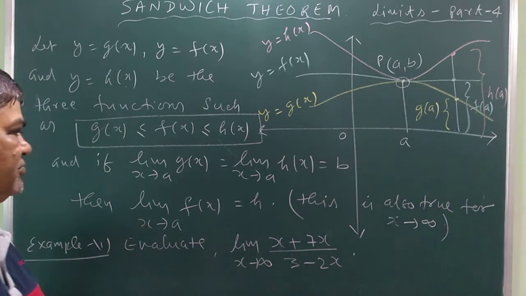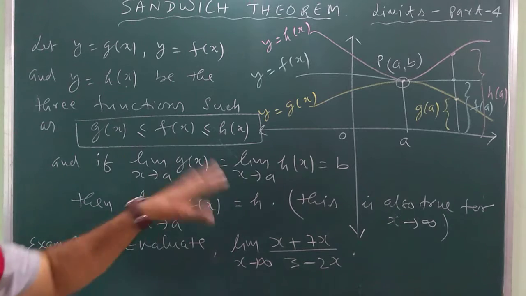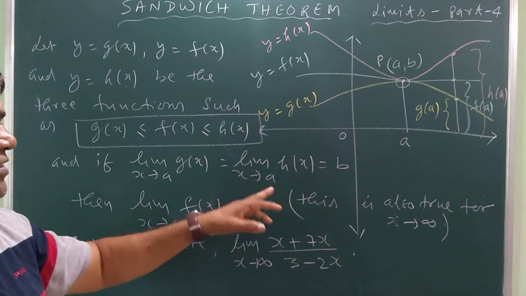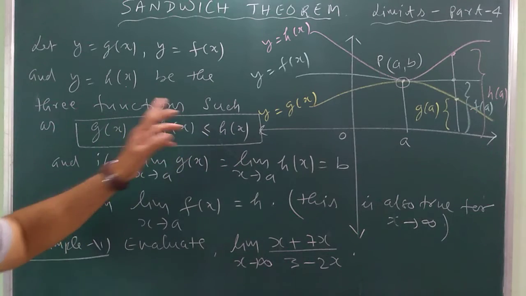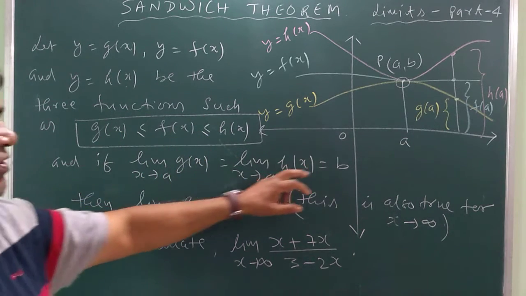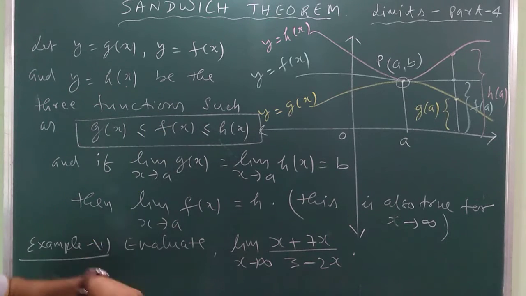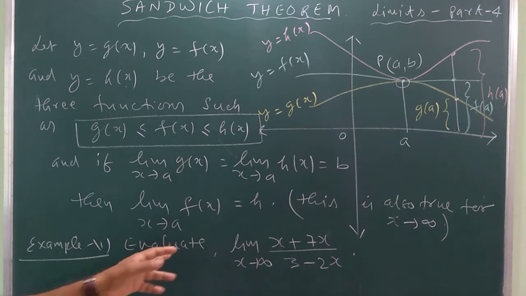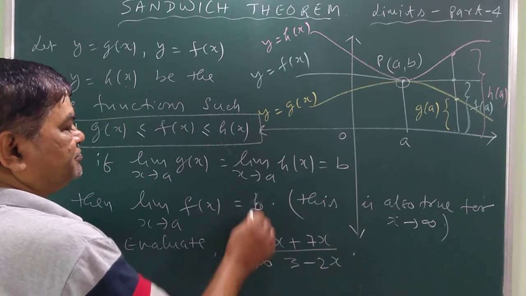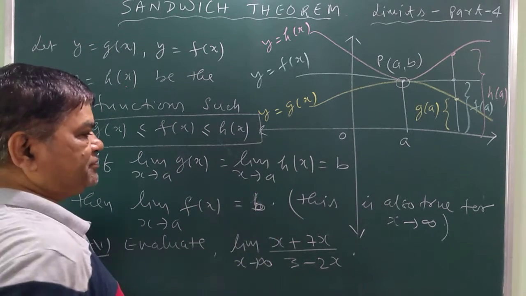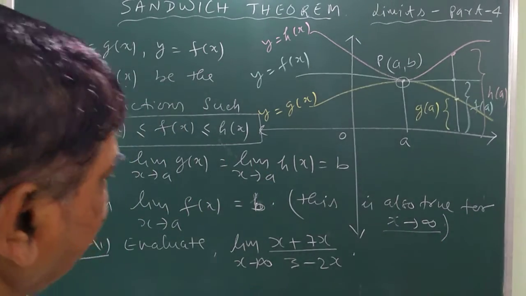It says when the limit of g(x) as x tends to a is equal to the limit of h(x) as x tends to a, and both are equal to b, then the limit of f(x) as x tends to a is also equal to b. And this can be true when x is approaching infinity.